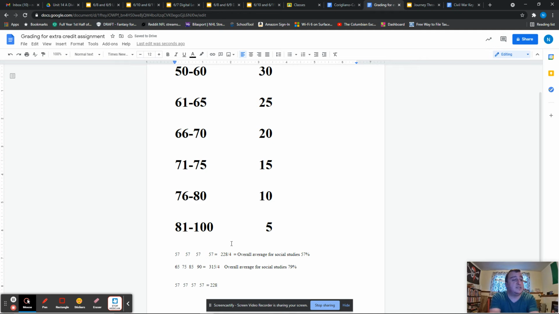So if you do this assignment, what me and Mr. Caffarella are going to do is add to that total the 30 points that you earn from this assignment. If you complete it, if you do it right, you will earn that 30 points. So that new total that you will now have after we add that 30 points to it is going to be 258 total points.